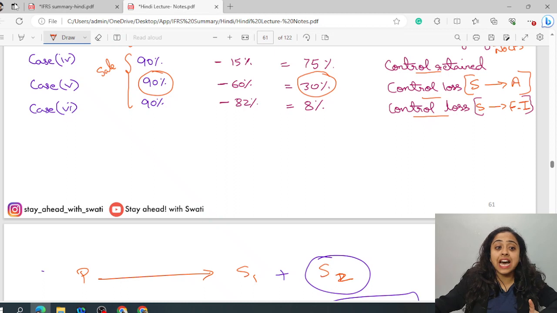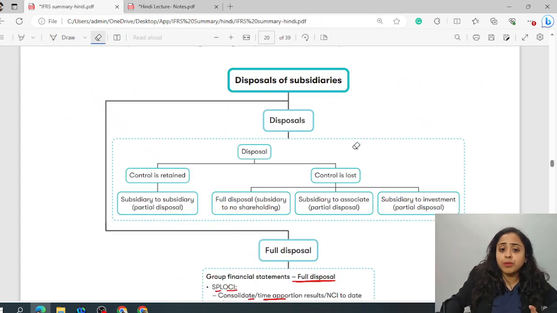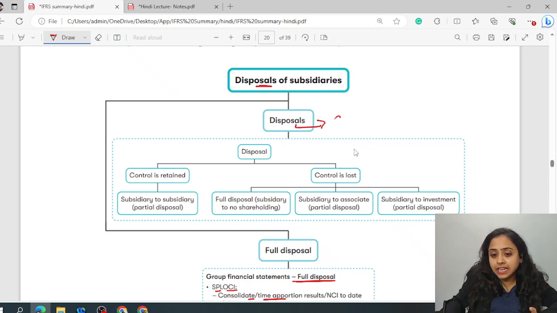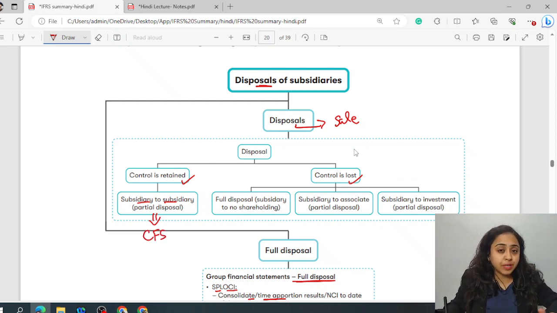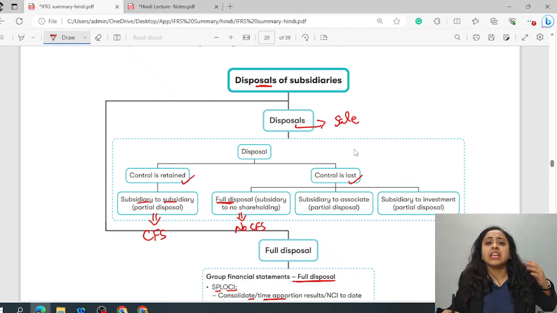Let's see how the inference is taken. Disposal simply means sale. So you have to check whether the control is retained or not. If retained, then the subsidiary remains subsidiary and you have to carry on and prepare CFS. Whereas if the control has been lost, then you have to check if there is full disposal. In case there is only a single subsidiary and the entire subsidiary has been sold off, then no consolidation is required, no CFS required.